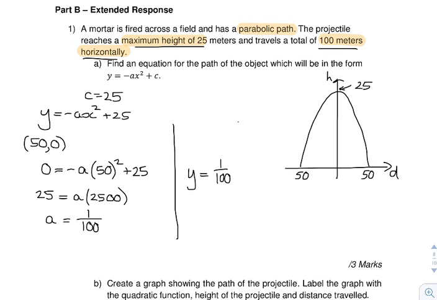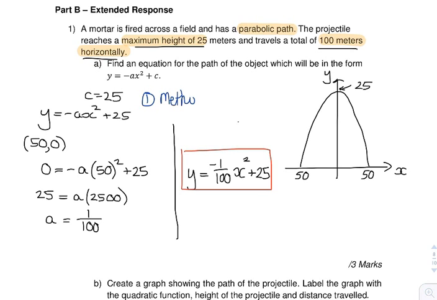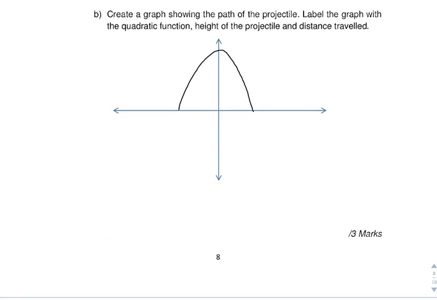Substituting these back into my equation to give y equals negative 1 on 100 x squared plus 25. I get 1 mark for identifying my c value, 1 mark for calculating a, and 1 mark for answering the question, i.e. finding the equation.